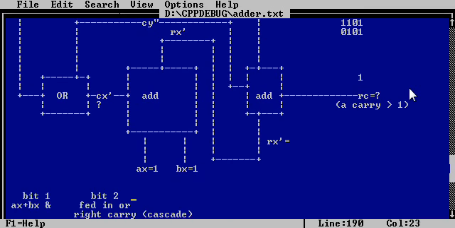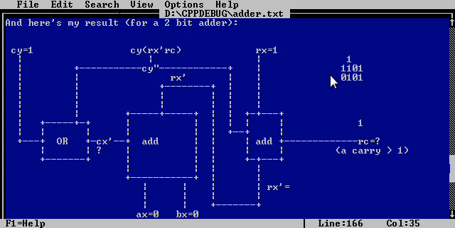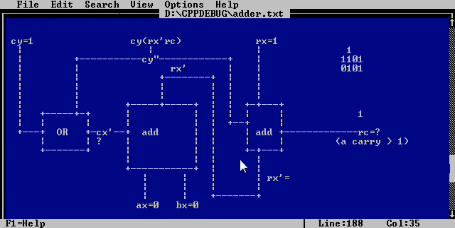So first the zero case. Zero case, this Cx prime is nothing. There's no output coming from here.